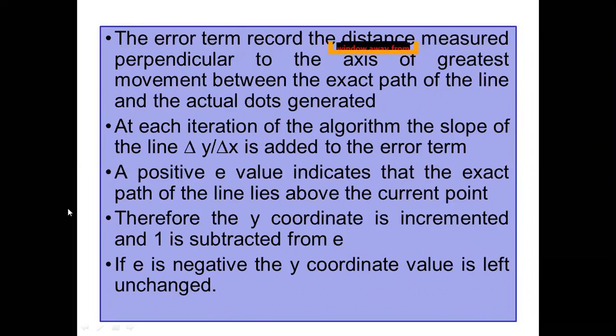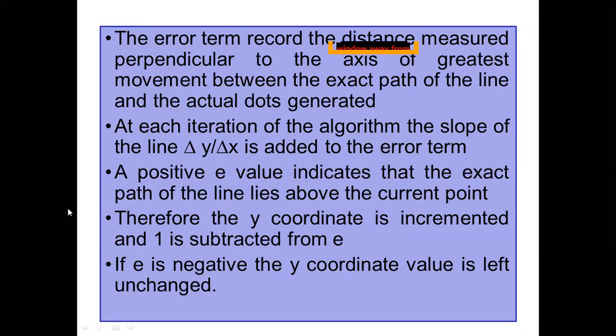If E is positive, then we will add this term to x, or if E is negative, then we will add this term to y. So this is the conclusion for the Bresenham algorithm.